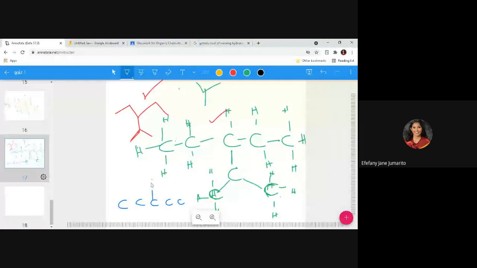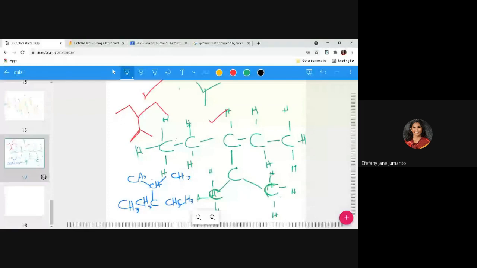That is C, and then C, and then C. And then we have H3, and then H3. Okay, so that one. If you have that one, then you are correct.